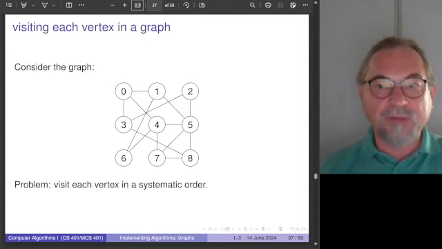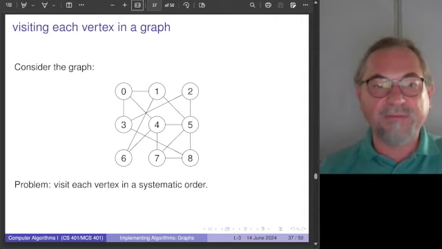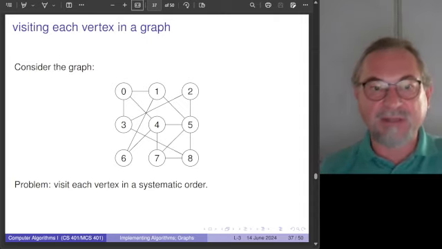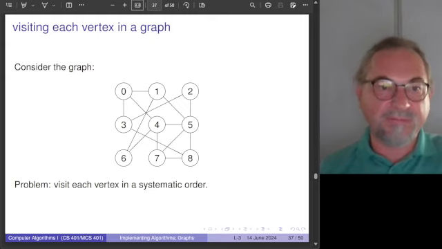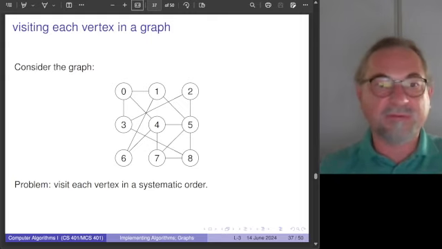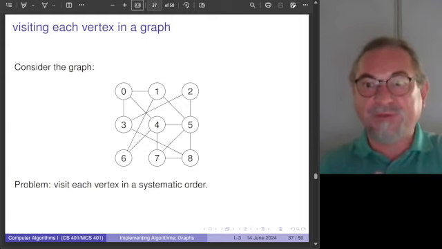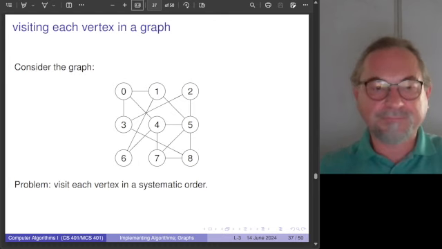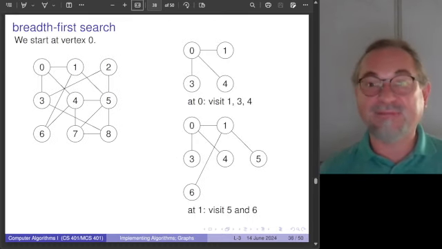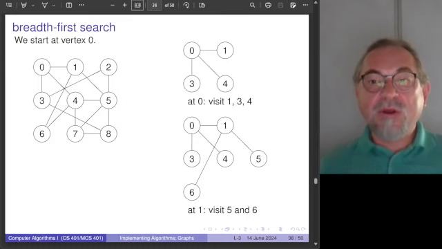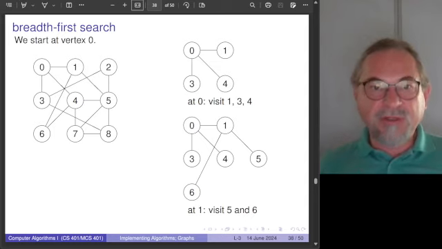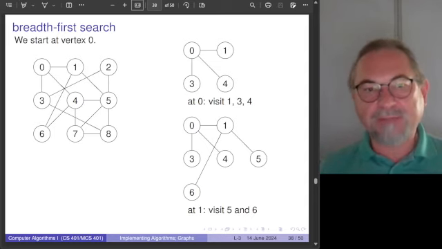And we would like to visit every vertex very systematically. So you see, if we start at 0, there are 3 possibilities where to go. Well, in the breadth first search, we consider all 3 of them. So that's the first step. We will visit 1, 3, and 4.